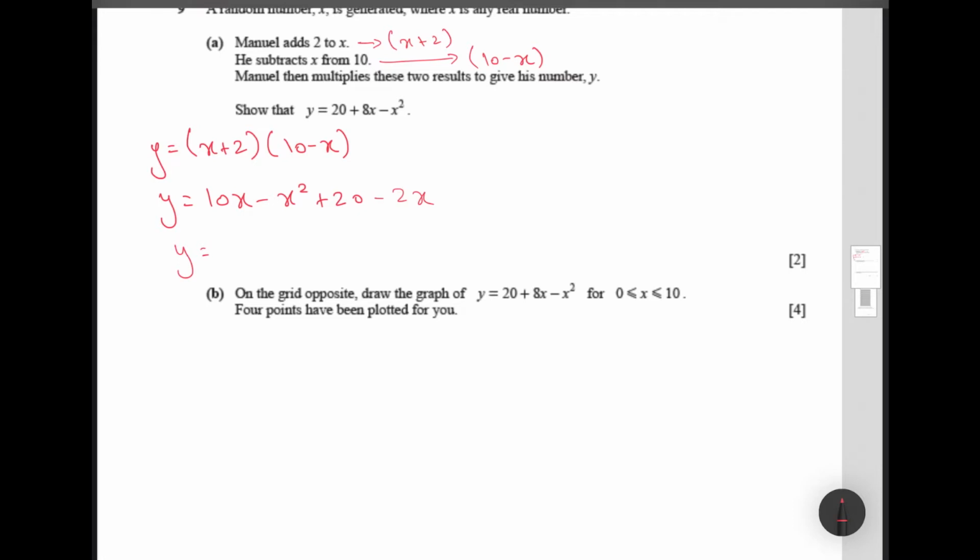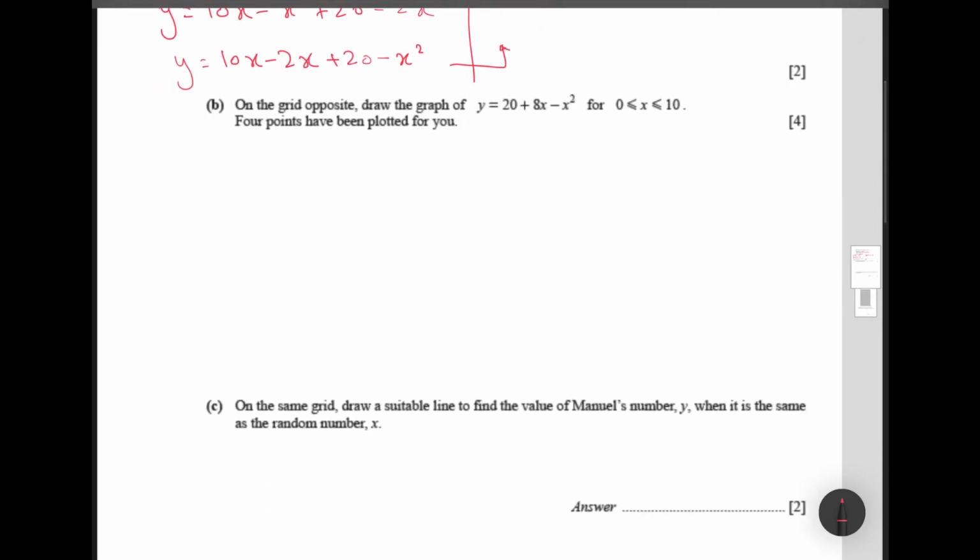We have 10x and negative 2x, so let's bring it together: 10x minus 2x and then positive 20 minus x square. After you subtract 2x from 10x, you're left with 8x plus 20 minus x square, which is exactly the same as this equation right here. If we rearrange it, of course you would get the same thing.